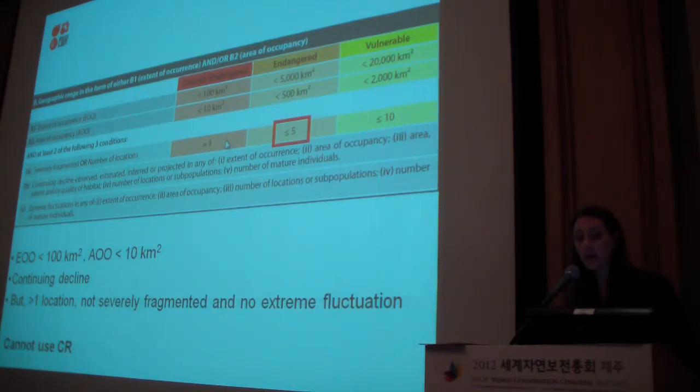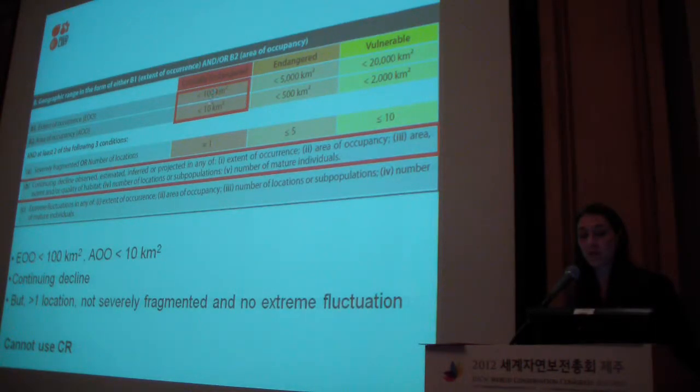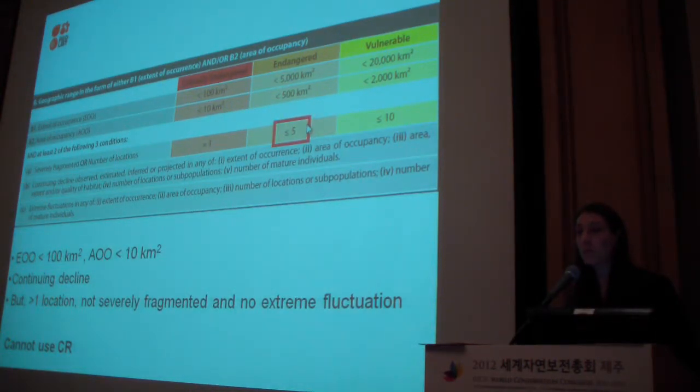But because we're looking at the number of locations, we have to look at the threshold values. And you always go for the lowest category. So although we met critically endangered for these thresholds, we don't meet those thresholds for the number of locations. So therefore the species will be listed as endangered B1ab+2ab.